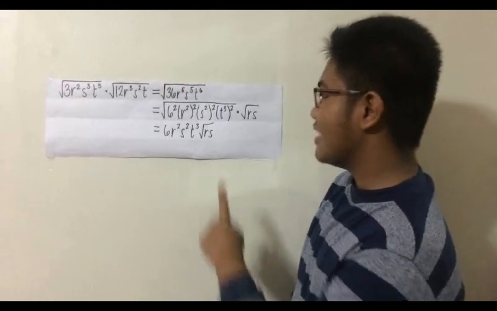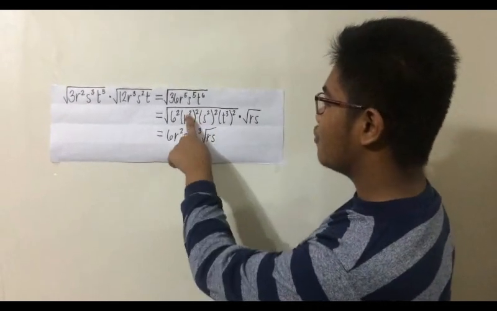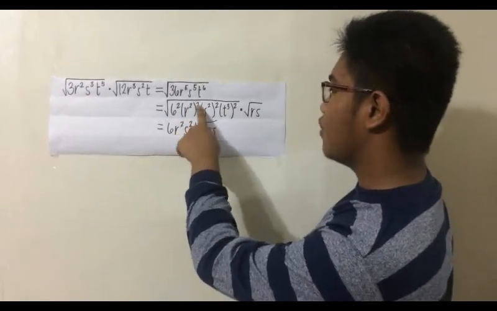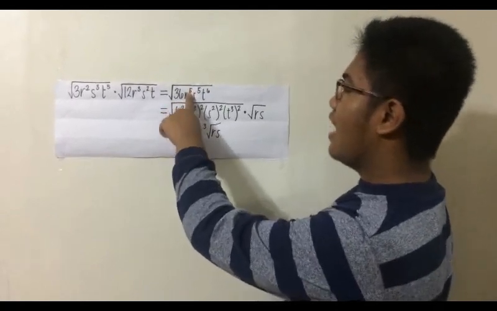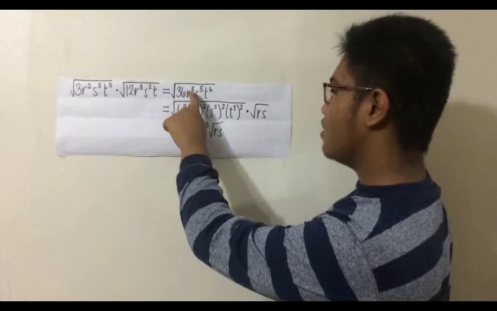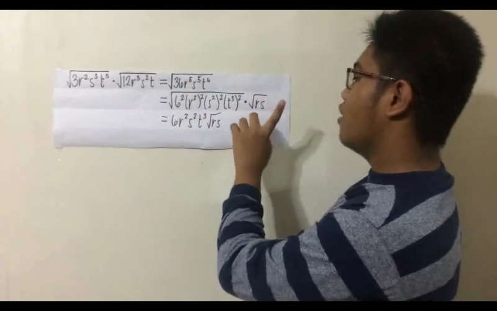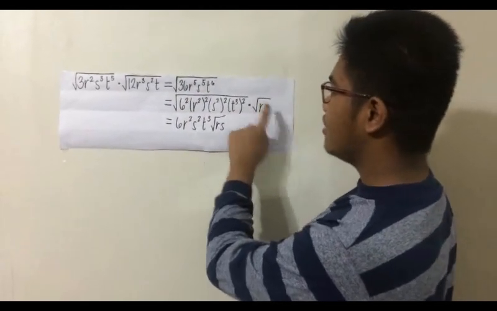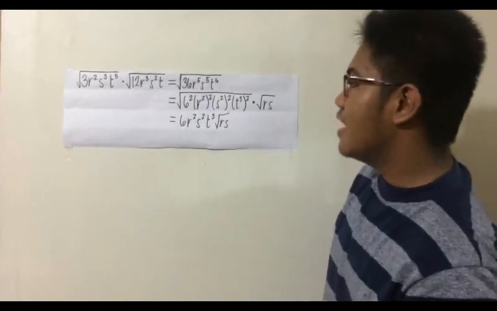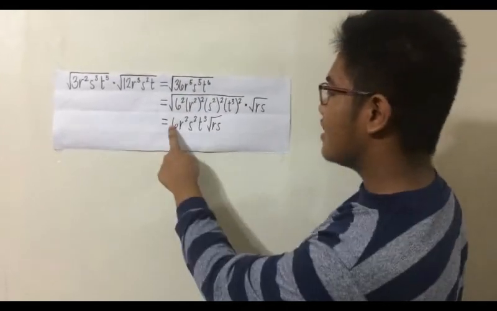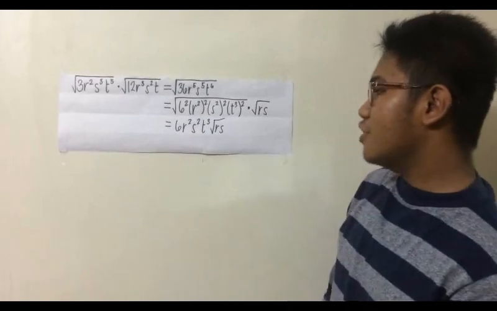When you multiply 2 by 2, it becomes 4, so it will not satisfy the r raised to the 5th exponent here. So we need to add 1 more r and 1 more s in order to get this 5. So the resulting product of this example is 6r squared s squared t cubed times the square root of r.